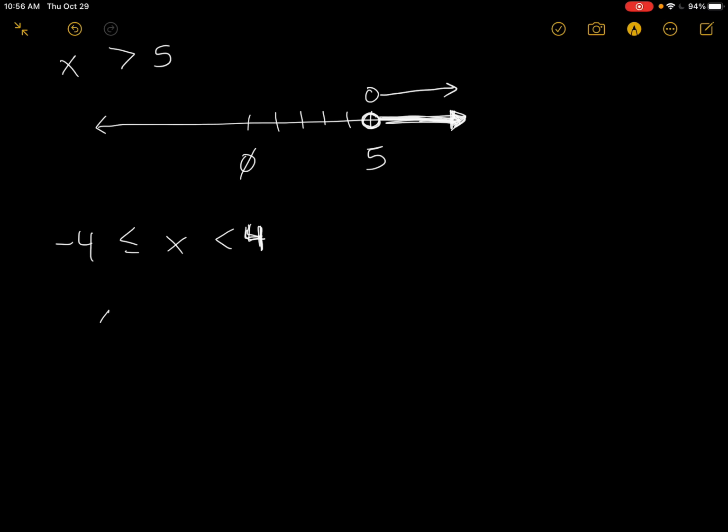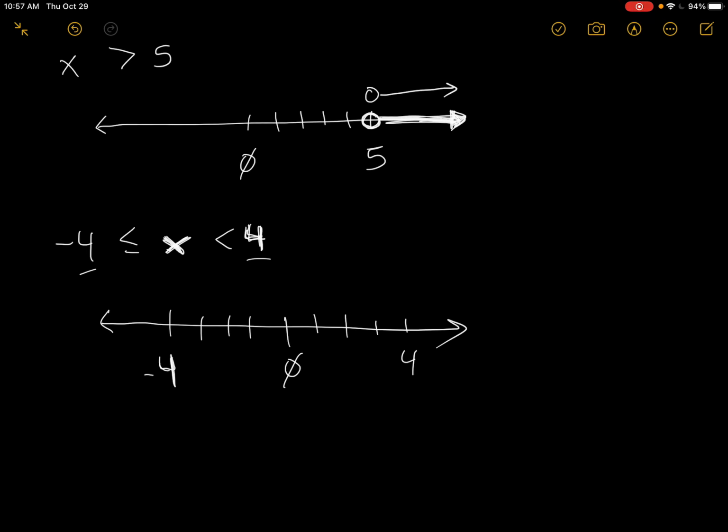This time we just have two parameters. So what I like to do first, I'm just going to put my numbers that we have. And it's important to pay attention to what side the x is on compared to each number. Okay, so x is greater than, right, it's got the bigger side, or equal to -4.